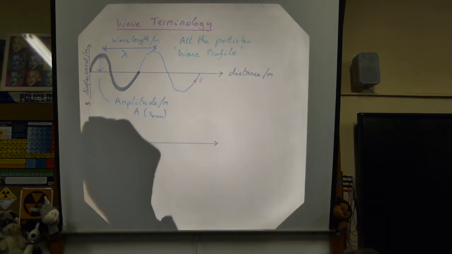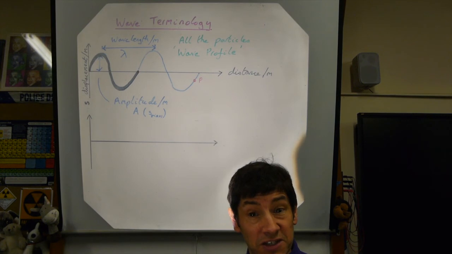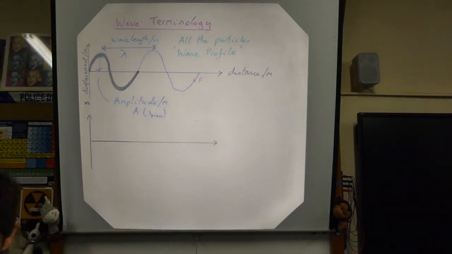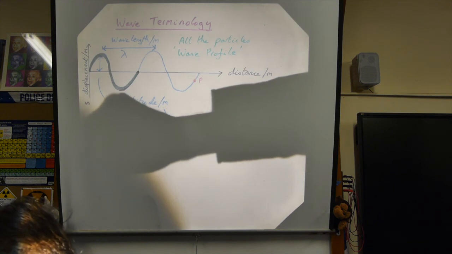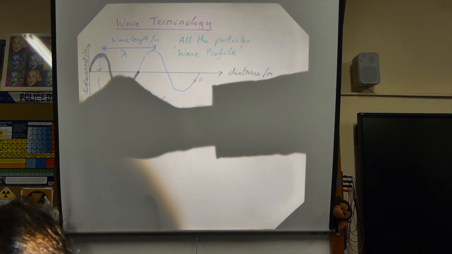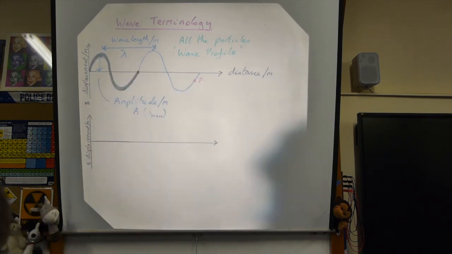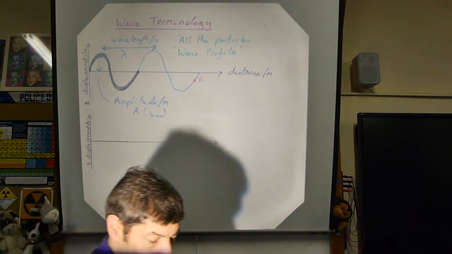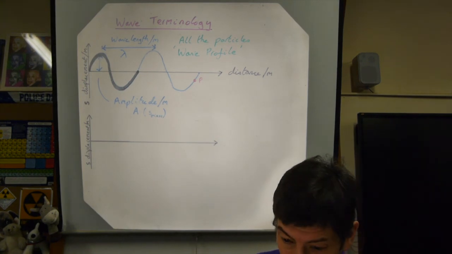Now, how does the little particle P bob up and down? How does it displace? Well, okay, I'll come over here for a second. This is going to be s, the displacement, and that will be in metres still. Okay, and the little particle will bob up and down.